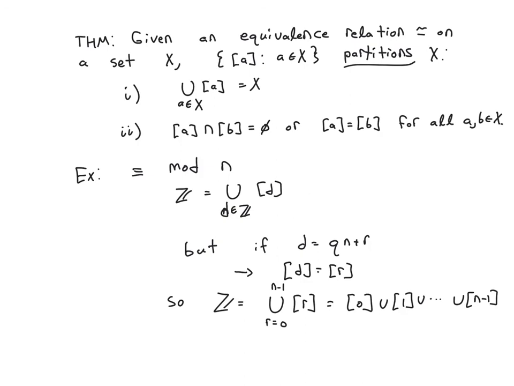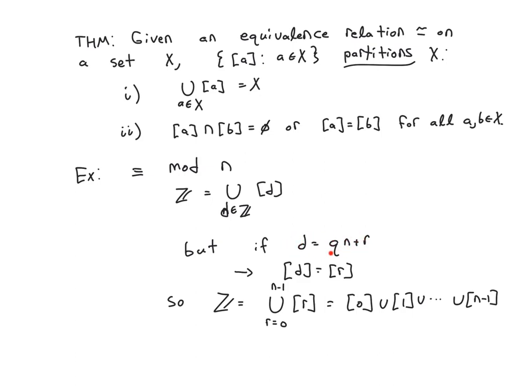So to drive this proof home, suppose we work with congruence mod n. According to this theorem, the set of integers is a union of these equivalence classes, of these congruence classes. However, as already noted, if you take the integer d, by the division algorithm, you can write it as a quotient and a remainder.